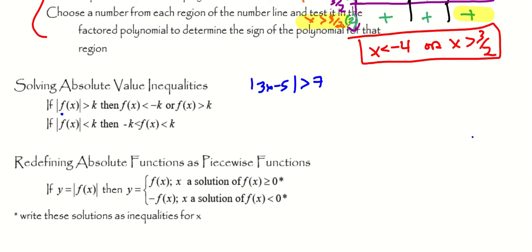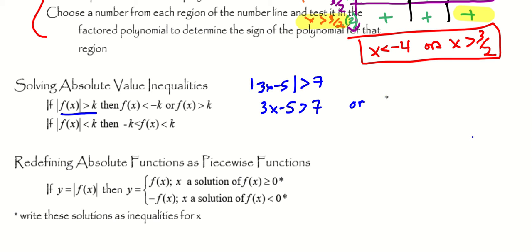If I have an absolute value greater than, then my distance from 0, that's the definition of absolute value, has to be beyond 7, which means that 3x minus 5 must be bigger than 7. But because the absolute value changes a negative to a positive, if a negative number is more than 7 away from the origin, it's actually left of -7 or less than -7.